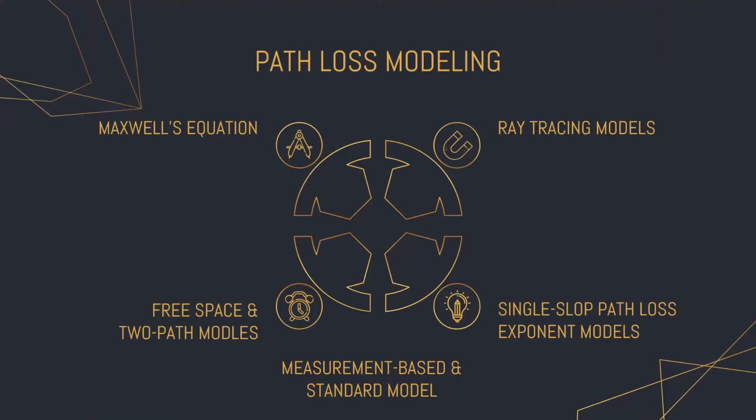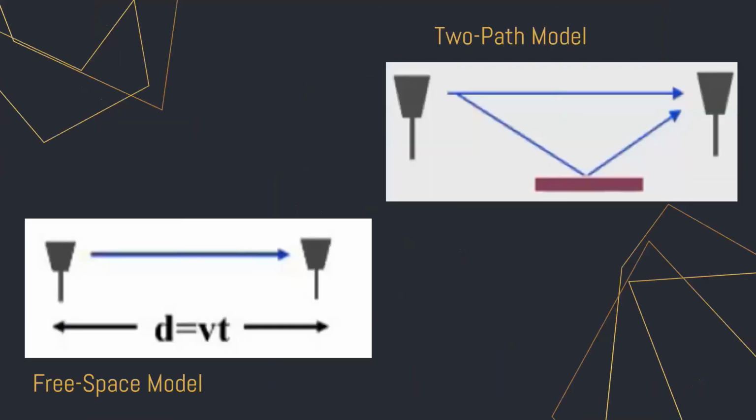The first path loss model, Maxwell's equations, describes the interaction between the electric field and magnetic field, which combine together to become electromagnetic propagation. However, it is quite complex and impractical. So there are modeling methods that are easier to use, which are the free space and two-path models. The free space model describes the propagation of signal without facing any obstruction to the receiver.